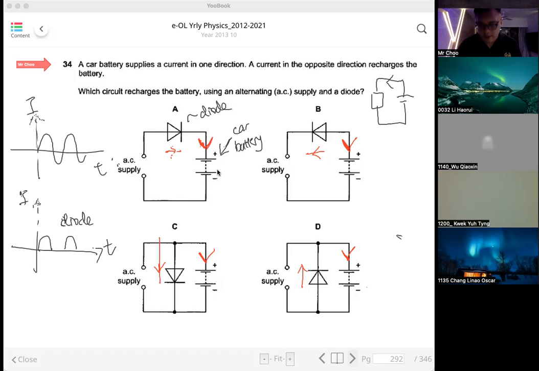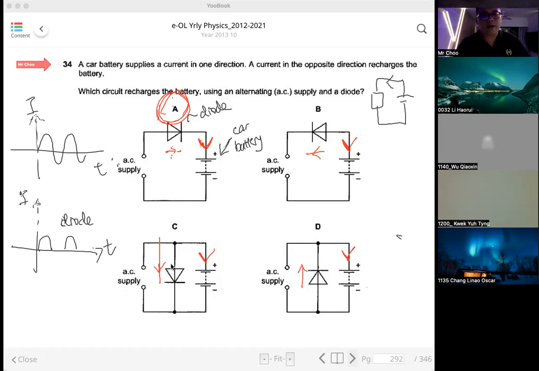So only A allows the current to move from left to right and then down towards the car battery to recharge it. For B, this diode makes the AC current move from right to left, so it will not work. Then for C, your AC supply, when you reach this point, moving forward, it will still be AC.